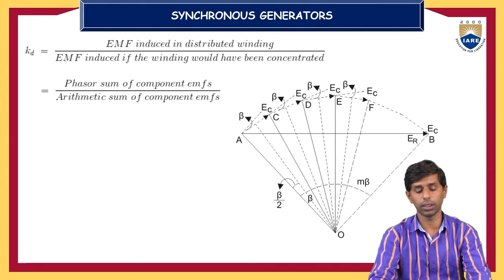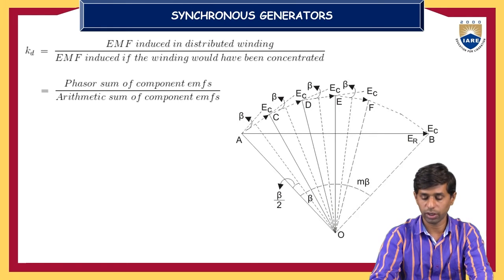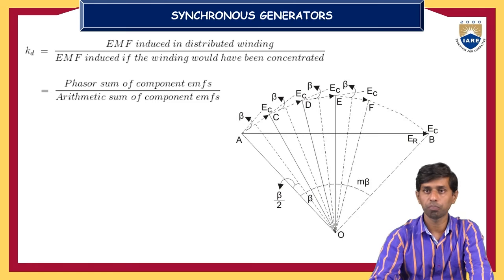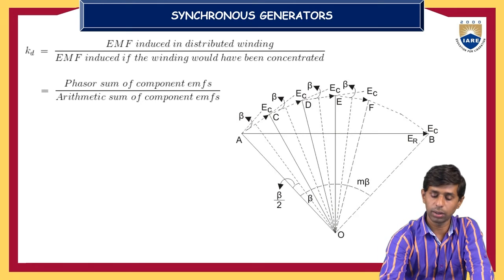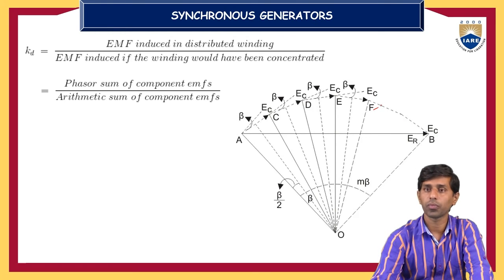Let us define the proper definition for the distribution factor, which is the ratio of induced EMF in a distributed winding to the induced EMF if the winding is concentrated. Let us take it as a per phase quantity. There are coils AC, CD, DE, EF, and beta is the slot angle.